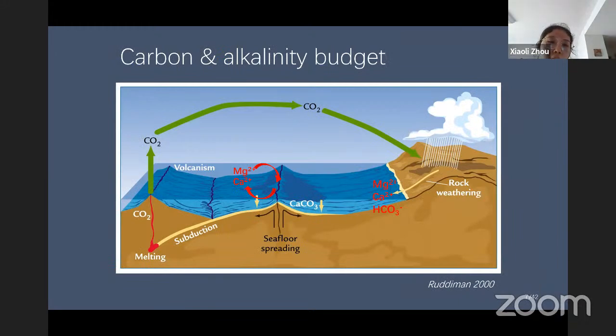So in this model, basically the CO2 is balanced between its source from volcanism and its sink as calcium carbonate. And during this process, the other ions such as magnesium and calcium were also coupled to the change of carbon. So perhaps we can learn something from the ocean chemistry, especially magnesium and calcium.